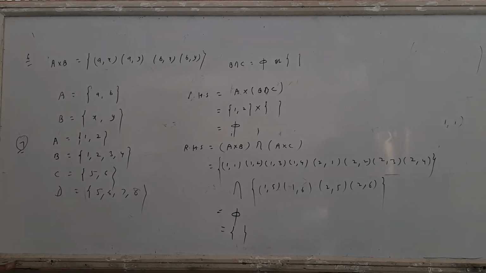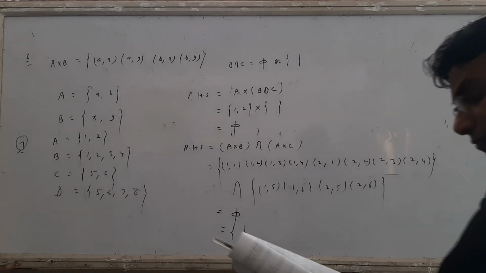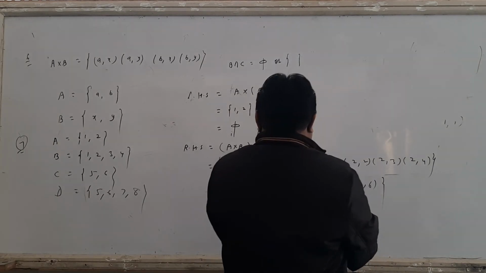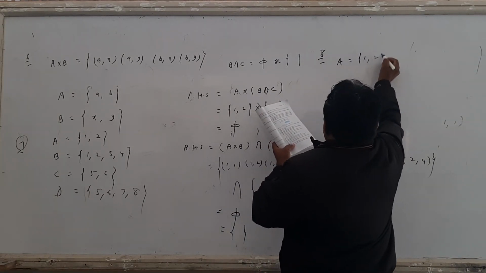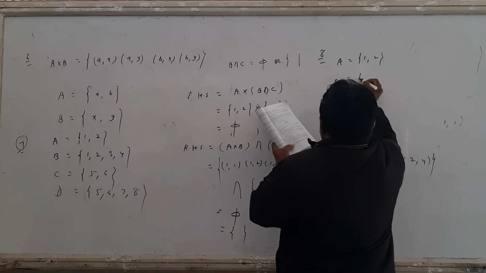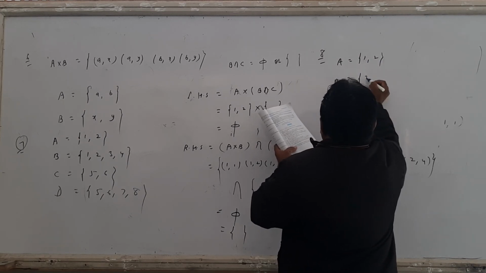Now question number 8. There are two sets: A is {1, 2} and B is {3, 4}.